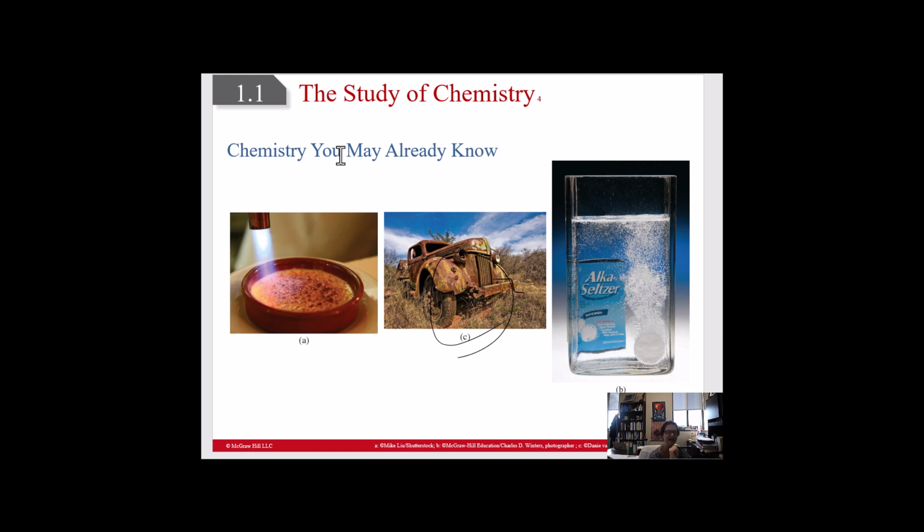That's why we paint our cars, because that keeps the oxygen from getting to the iron. Fizzy stuff is always a great indication that there is a chemical reaction going on. If you see bubbles, that typically means you're changing from one substance to another. And in the case of creme brulee, yum yum, you can change the molecules by heating them and breaking bonds using that heat and converting those into other substances.